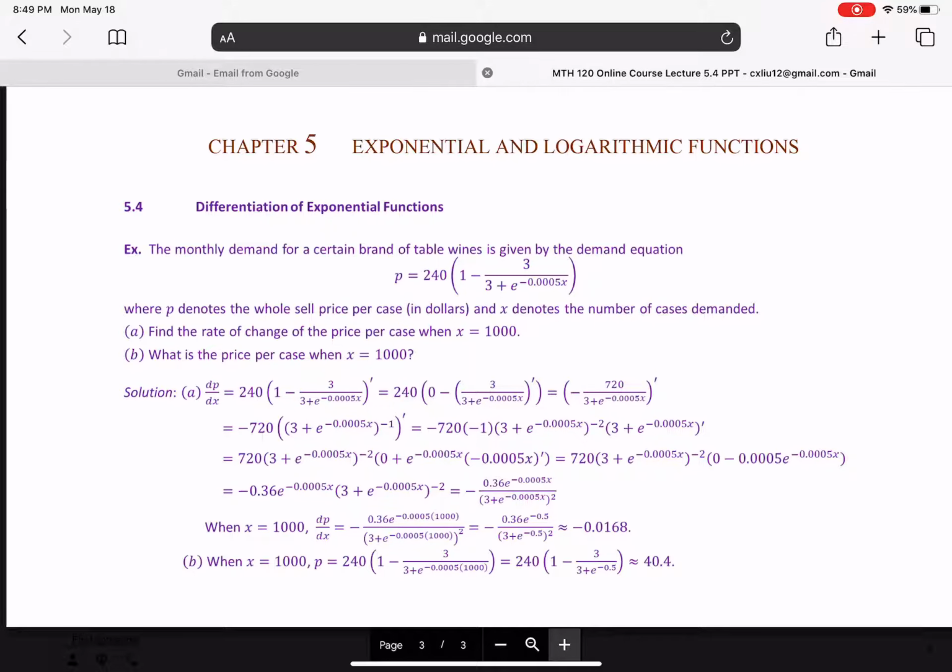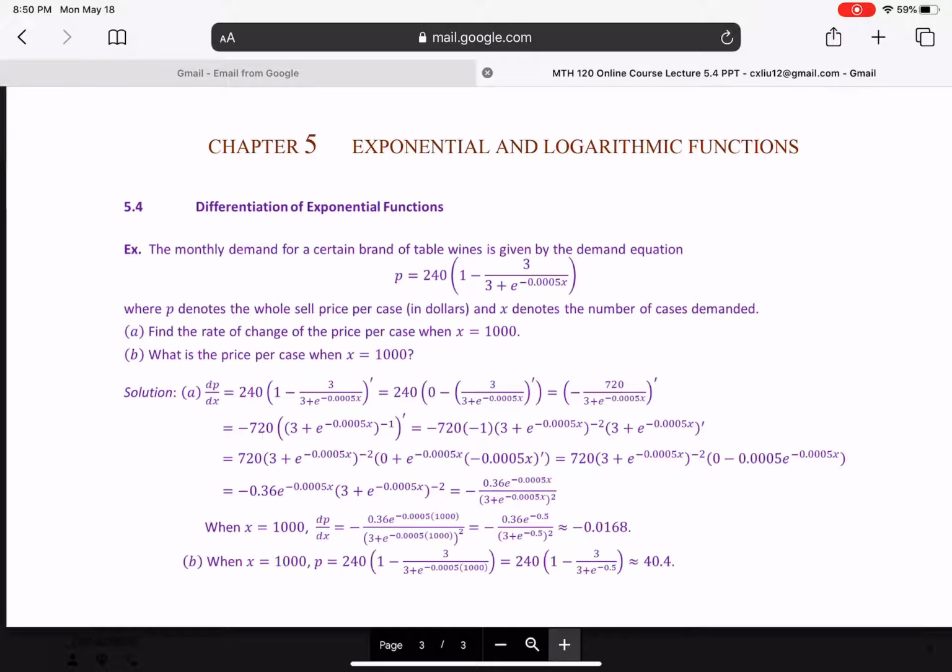The derivative of 3 is 0, and the derivative of e to the negative 0.0005x is e to the negative 0.0005x times the derivative of negative 0.0005x according to the chain rule. All right, so we get 720 times (3 plus e to the negative 0.0005x) to the negative 2 times (0 minus 0.0005 times e to the negative 0.0005x).